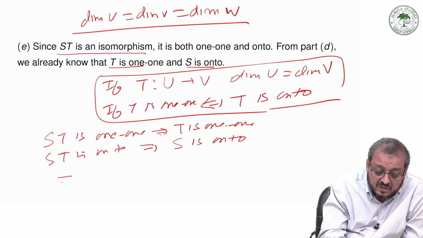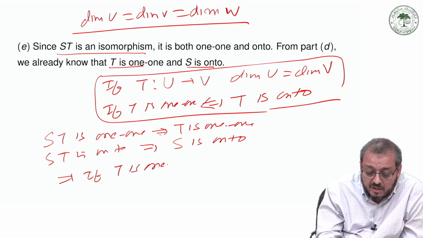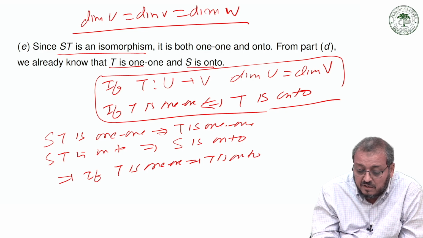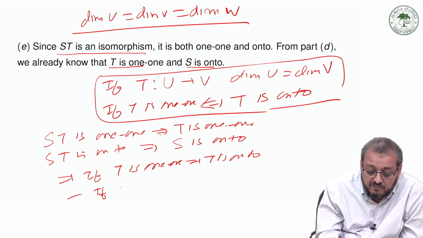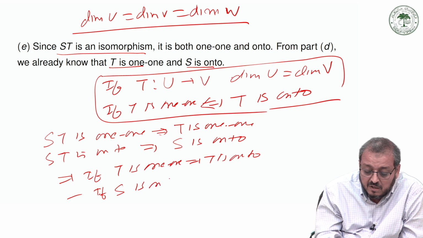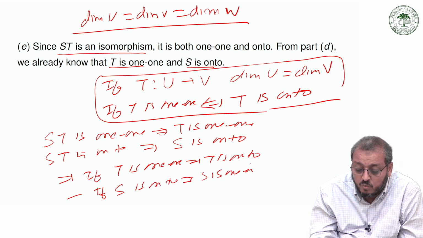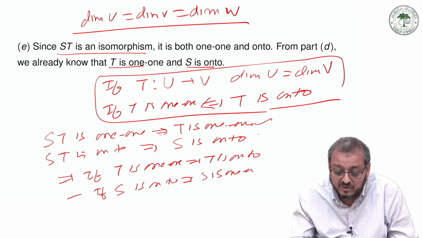By this theorem, we can say that if T is 1-1, this implies that T is onto, and also by the same theorem, if S is onto, it implies that S is 1-1. So we can show that T is 1-1 and T is onto.